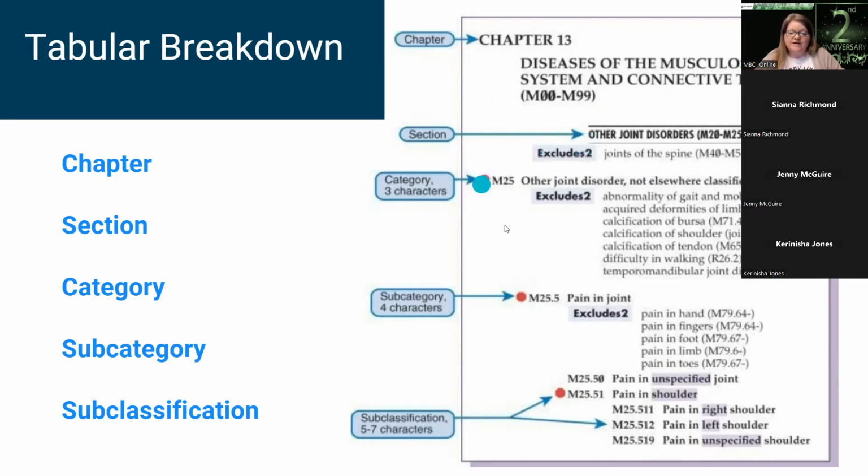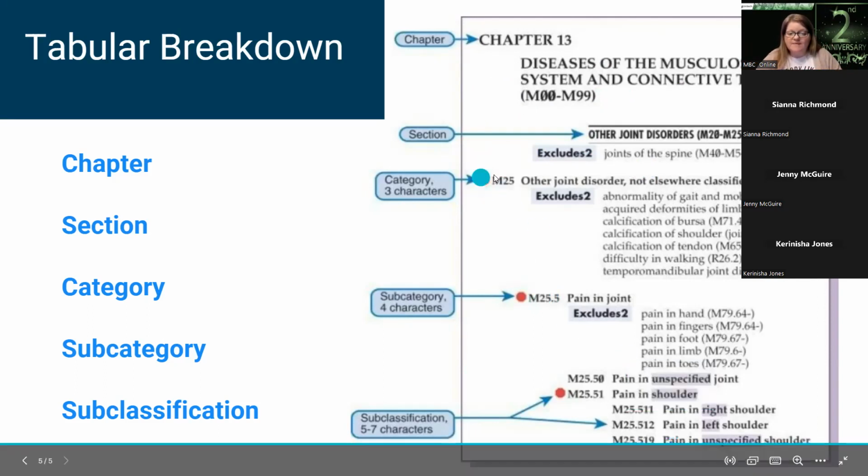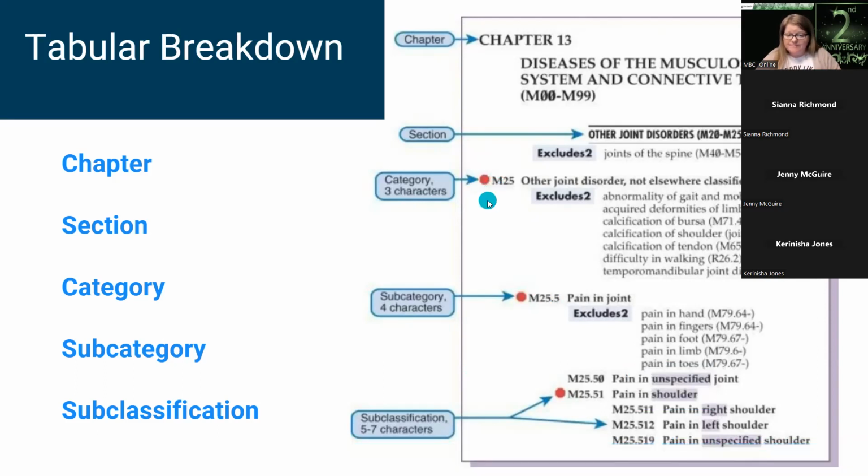The ICD-10 has a lot more of the little signs and symbols around the definitions. This little red stop sign being 1 means you cannot code that. It means do not stop there. We need to indent down some because this is not something we can code. M25 is just other disorder, not elsewhere classified.